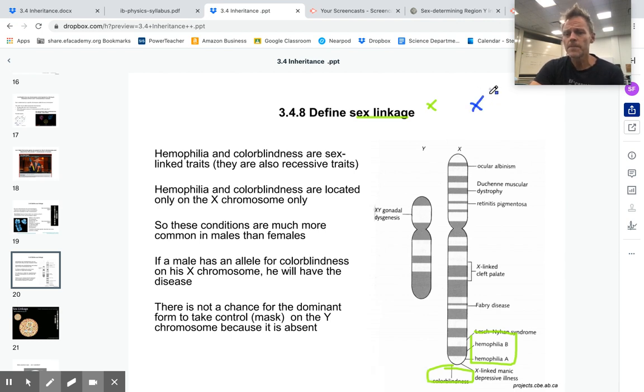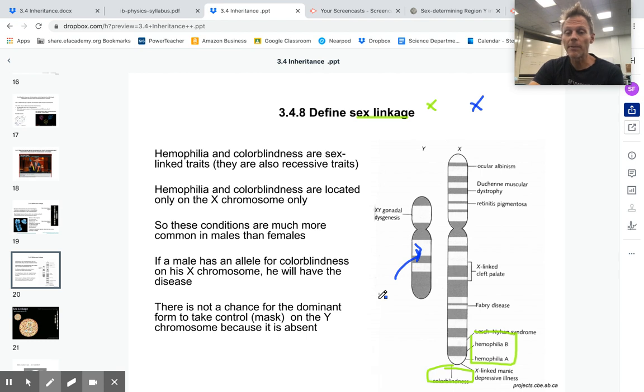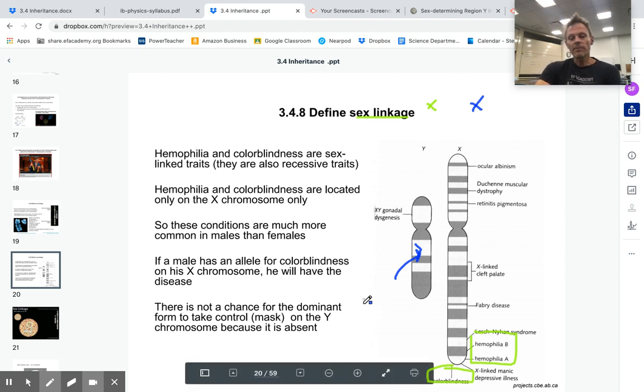Before we move on, there's actually a gene on the Y that is not on the X, and that's good, because otherwise there'd be no males, right? So there's something called the sex determining region.